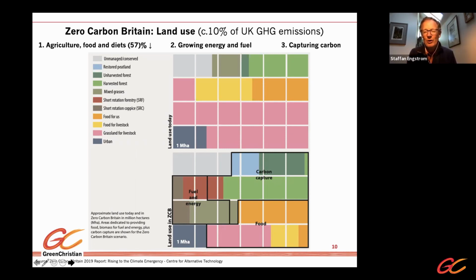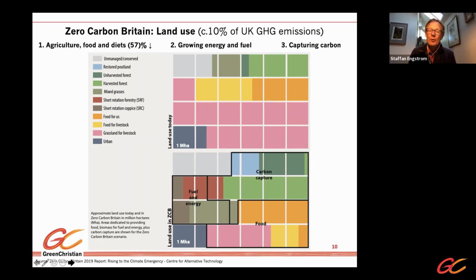We can have more plant-based diets. We can repurpose land so we have enough to eat, more than enough to eat, but instead we can use a whole bunch of land for carbon capture. Unharvested forest, harvested forest, restored peatlands to start sucking carbon out of the air and make our country much more sustainable.